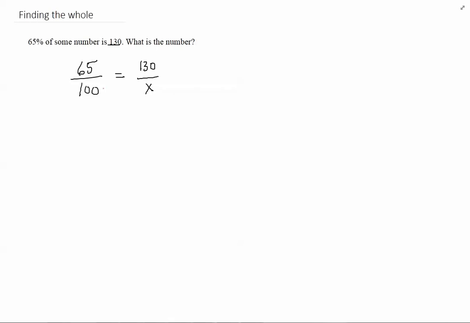We're going to cross multiply. We take 100 times 135. That's equal to 65 times x. Again, we want to isolate our x, so we're going to divide both sides by 65.